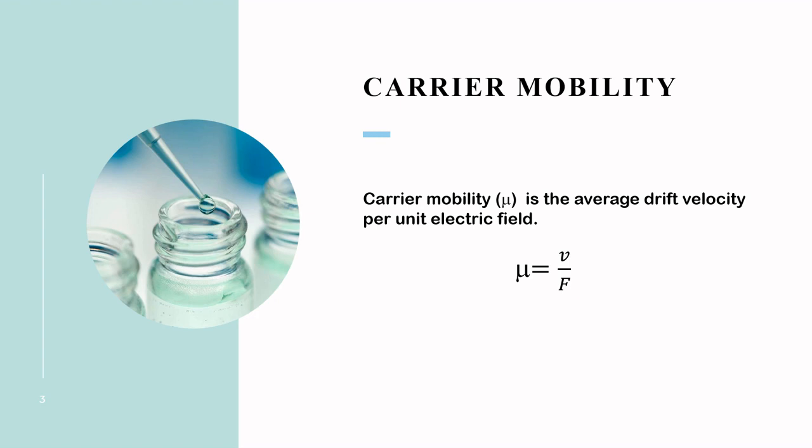So mu equal to V by F. V is the average drift velocity and F is the electric field, and that is called carrier mobility, defined by mu. In SI unit, mu is expressed in meter square per volt second. So this is the carrier mobility.